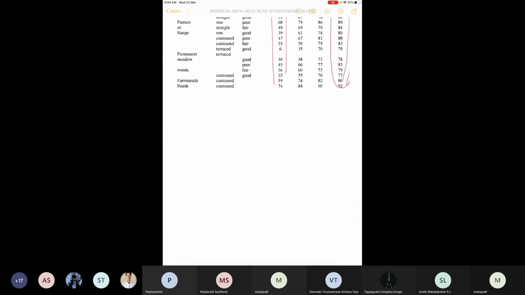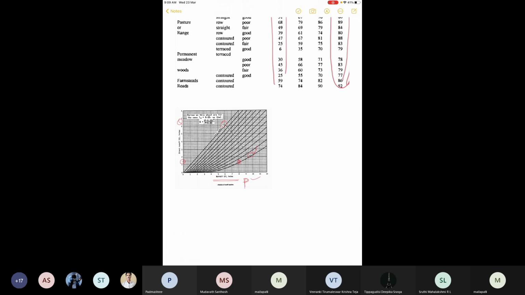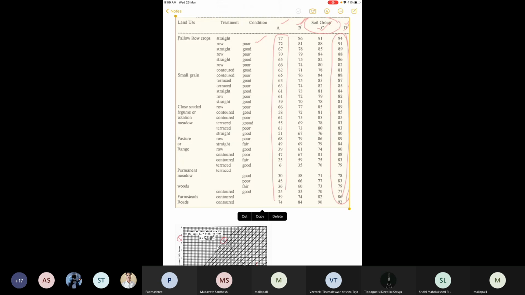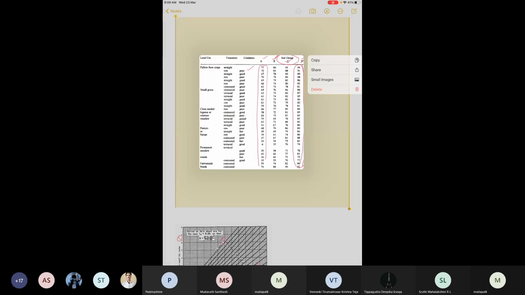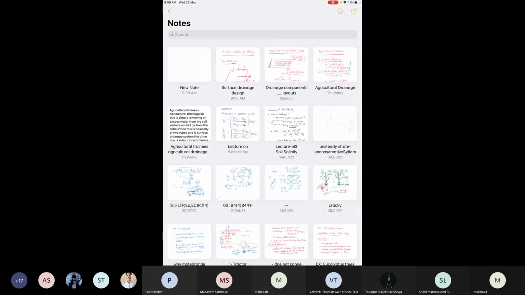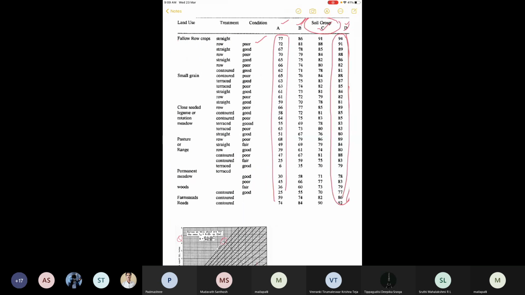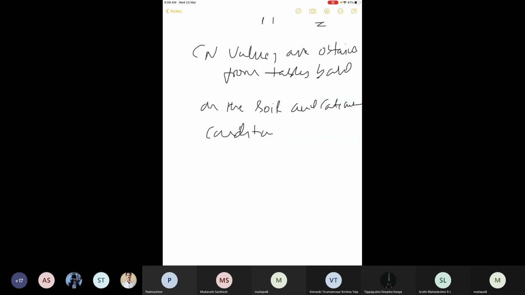You can use both the table and the graph together: from the table you know the curve number, and from the graph you know the direct runoff. So this is the SCS curve number method. I'll give you a break for 5 minutes, and then we'll join again for an example.